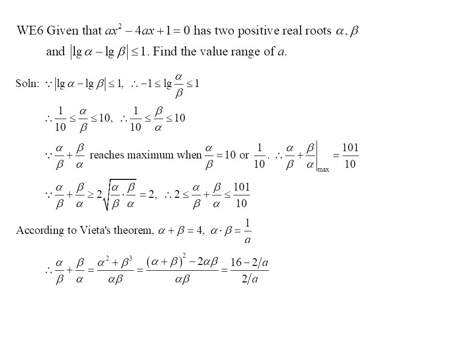Then this simplified expression is between 2 and 101 over 10, including both endpoints. After solving these inequalities, we find the value range of a, which is between 1/4 and 160 over 121, including both endpoints.